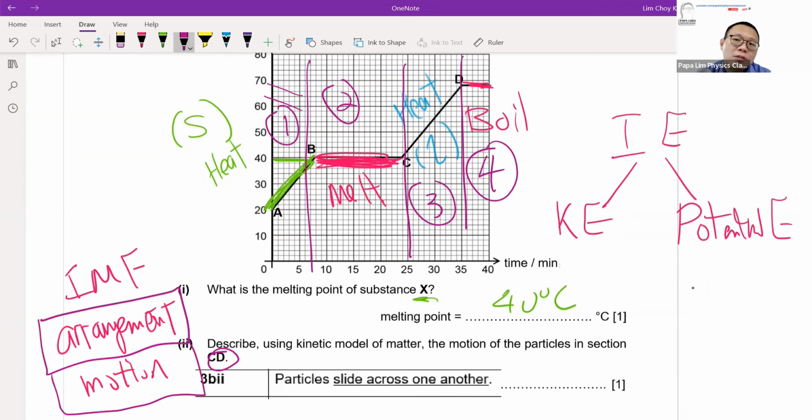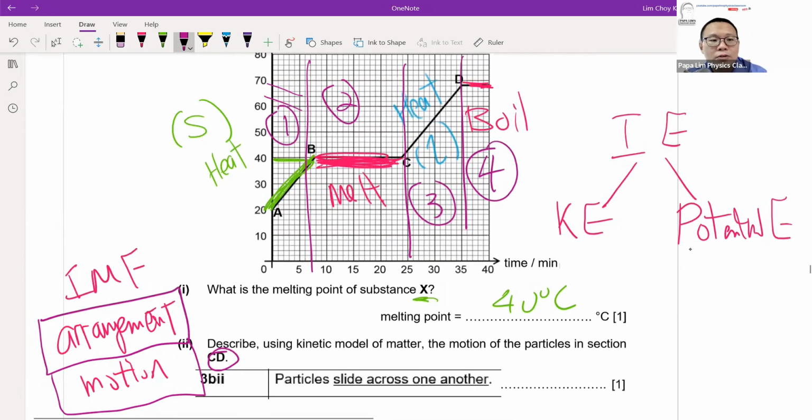If you compare to solid, solid has the arrangement where the particles are bound, fixed in their position. They can't move, except vibrating at their fixed position. But for liquid, the particles are still relatively fixed in position, but the intermolecular bond is actually weaker, and because of that, they are able to slide across each other. They are not bound in place like in the solid state.